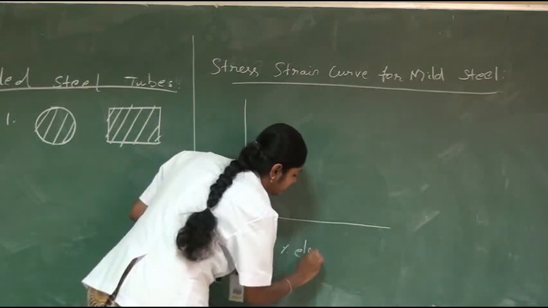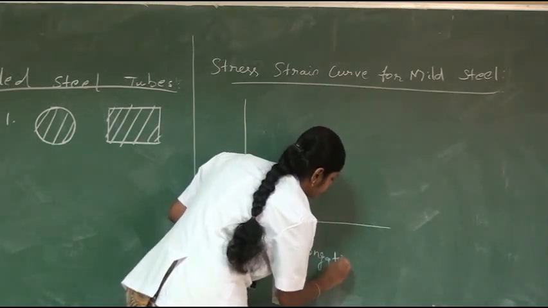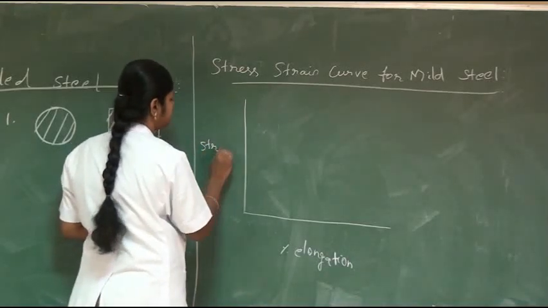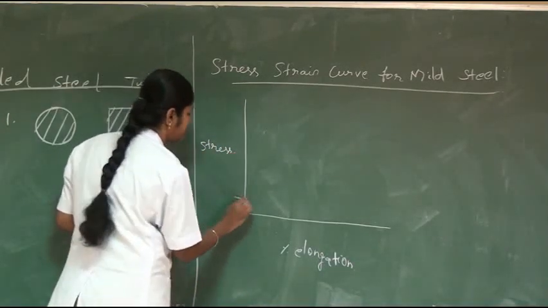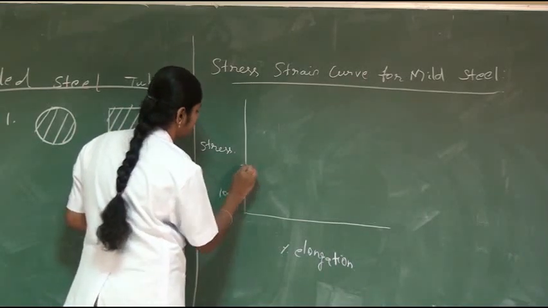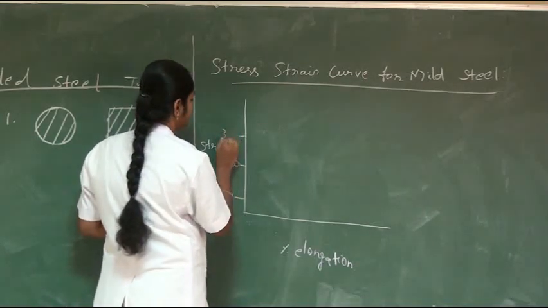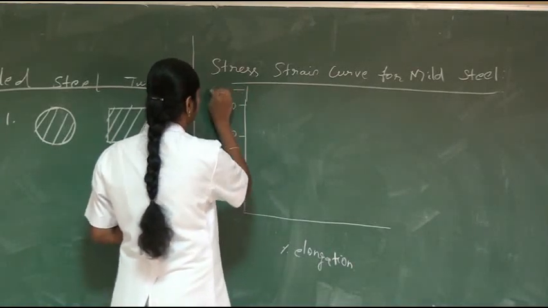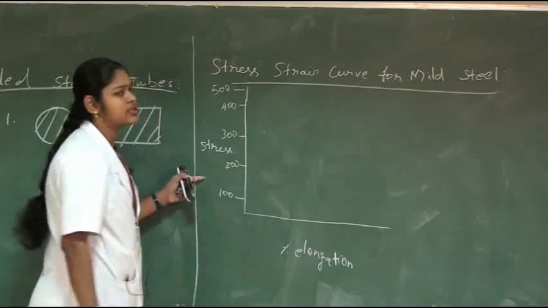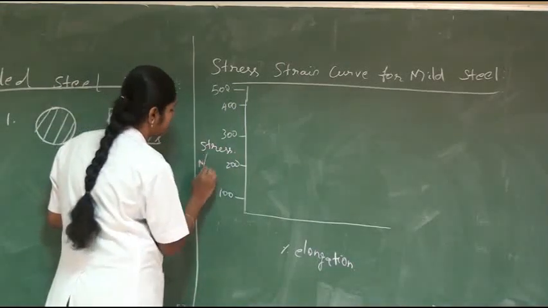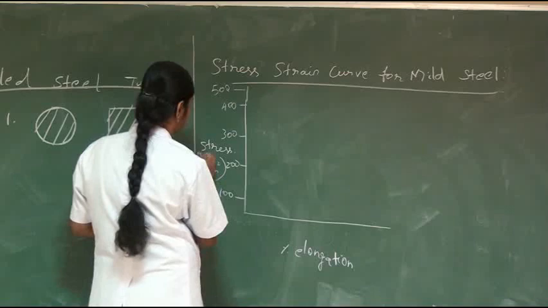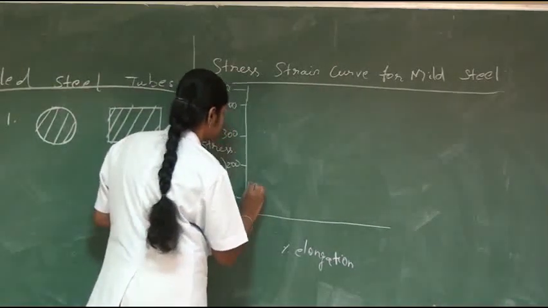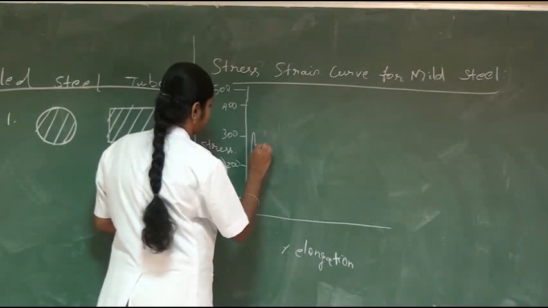This is the percentage of elongation and here it is the stress. Values are 100, 200, 300, 400 and 500. The stress is represented in Newton per mm squared. And the stress strain curve for mild steel is like this.